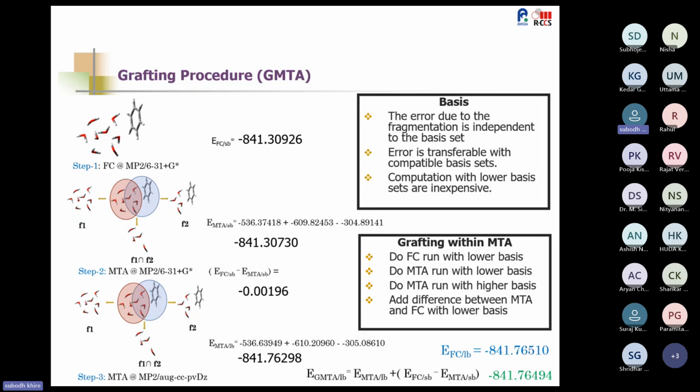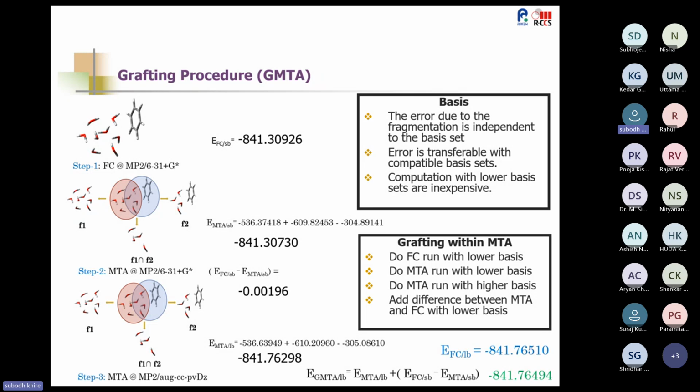Suppose in the given case my higher basis set is augmented cc-pVDZ, which is a huge double zeta basis set, and I take a smaller basis set like 6-31+G star. I calculate the full calculation energy at the lower basis set, keeping the level of theory the same, and I also calculate the MTA fragmented energy, and take the difference between these two. In this case the difference is around 2 millihartree.